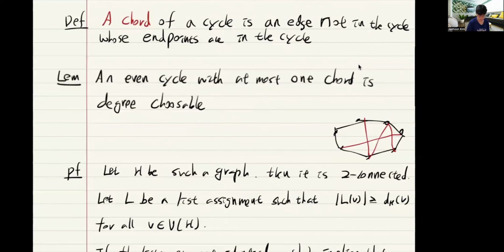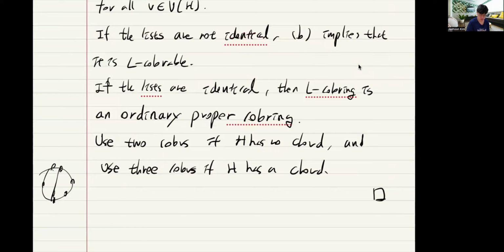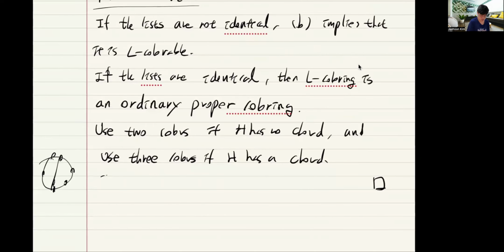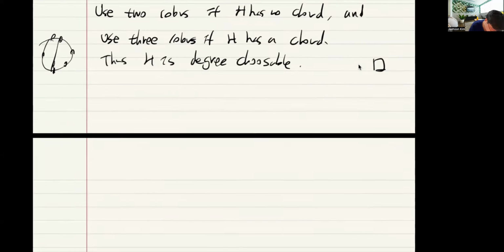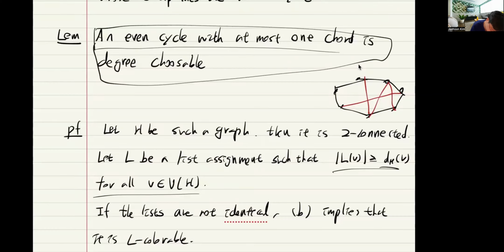So in either case, it is L-colorable, and that was for all such L. Thus, H is degree choosable. So this graph is degree choosable.